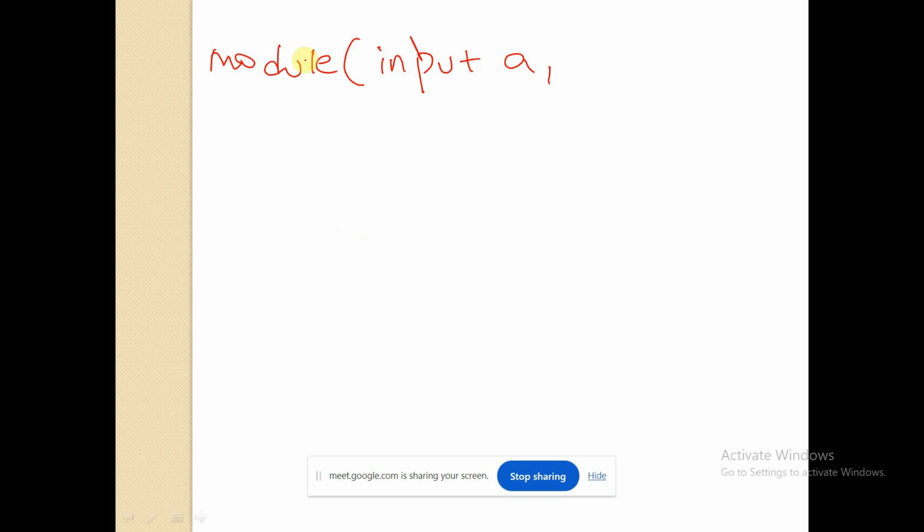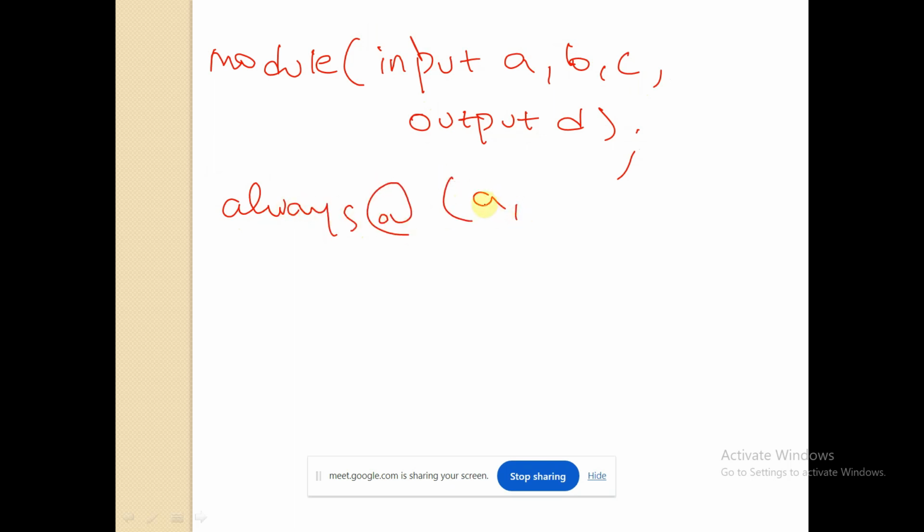So I've declared a module with inputs A, B, and C, and my output is D. Within an always block, always at A, B, C, begin, D is equal to 0, hash 10, D is equal to 1.